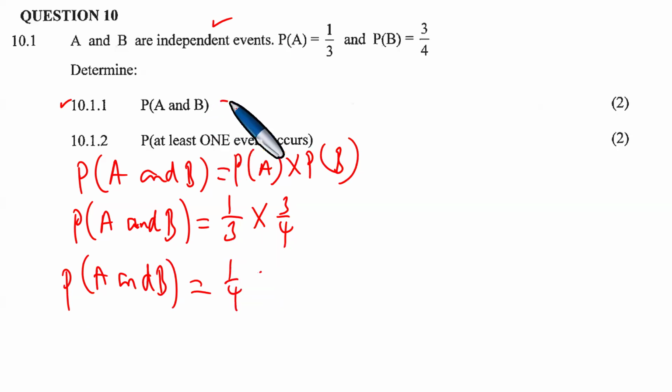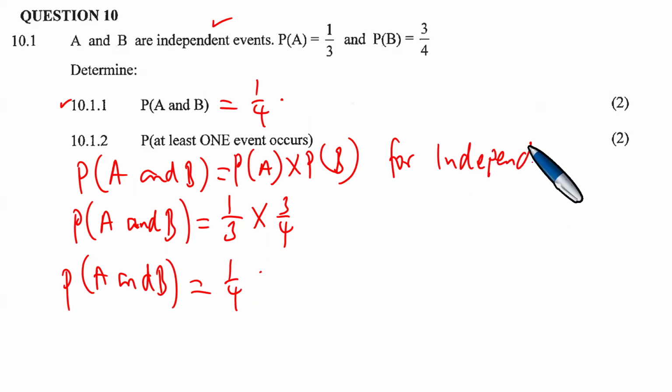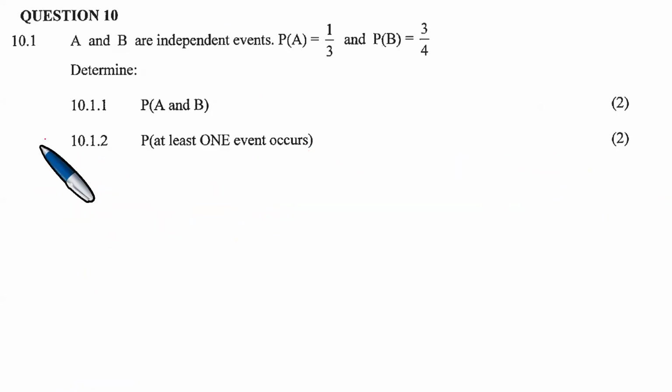So the probability of A and B here is exactly 1/4. The events are independent, and the probability of A and B is the probability of A times the probability of B for independent events.